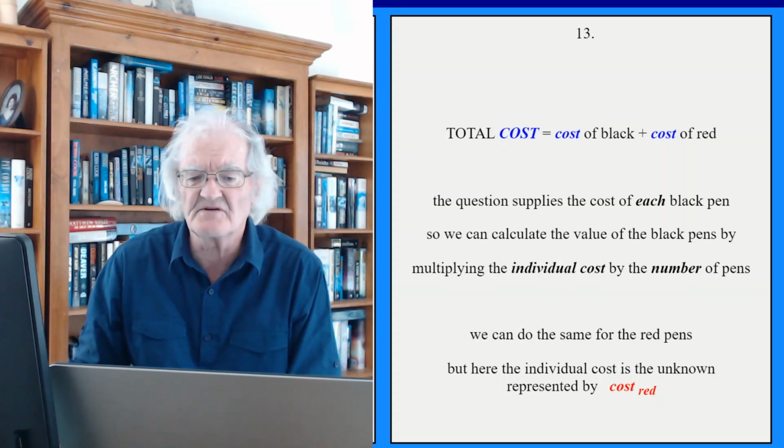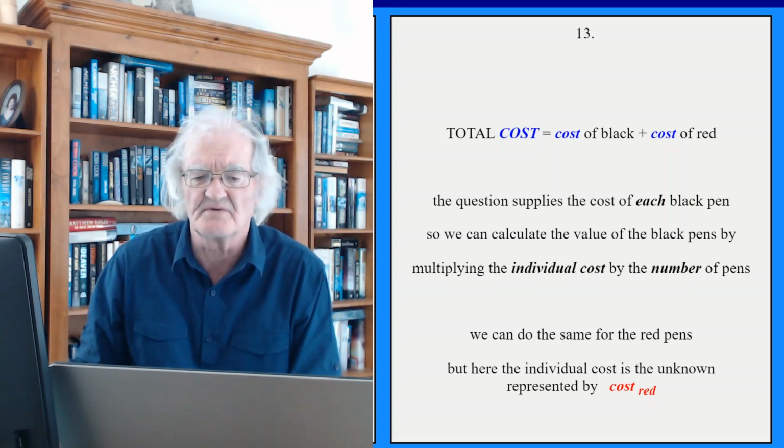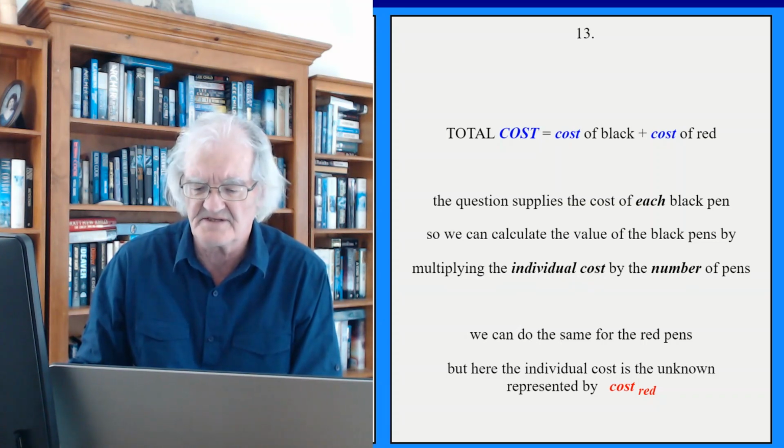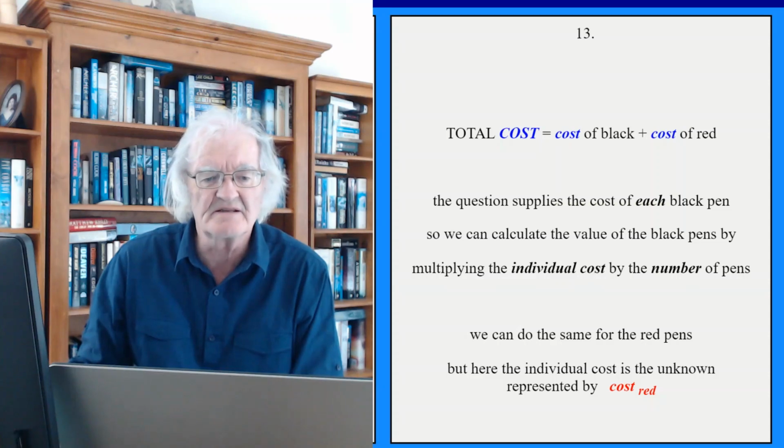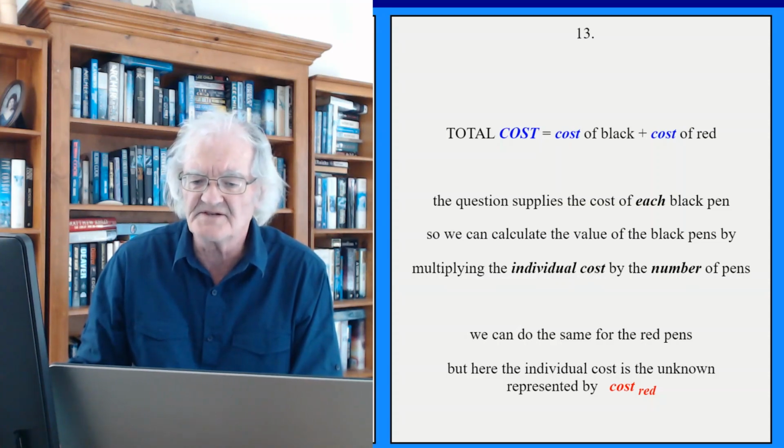So here's the structure of the formula for this problem. Total cost is the cost of all the black plus cost of all the red. The question supplies the cost of each black pen, so we calculate the value of all the black pens by multiplying the individual cost by the number of pens. This is a standard thing we do regularly in everyday life to get a total.